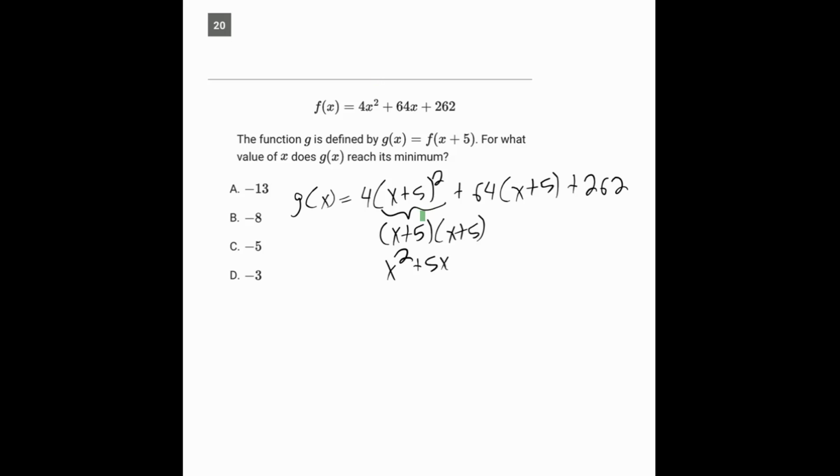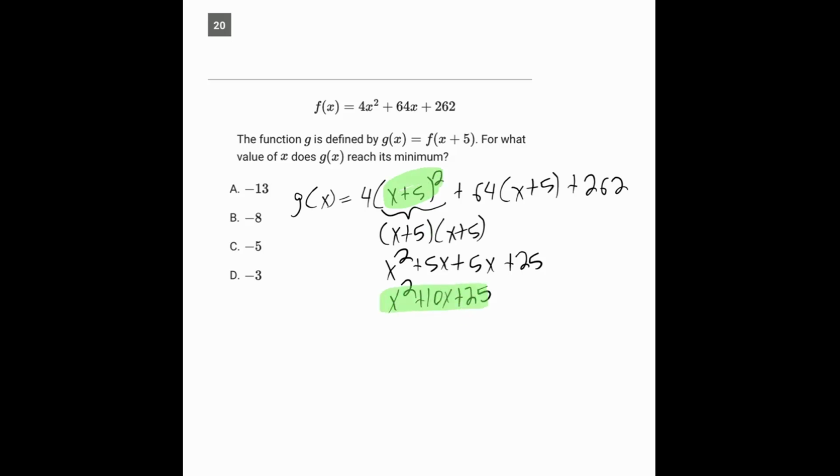Inner times inner, 5 times x again, that's 5x again. And last times last, that's 5 times 5, and that's 25. Combining like terms there, we'd get x squared plus 10x plus 25. And that's just replacing this part right here.